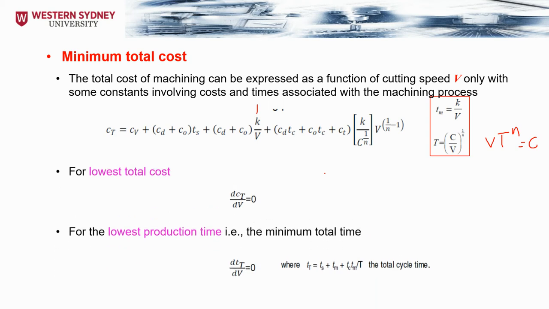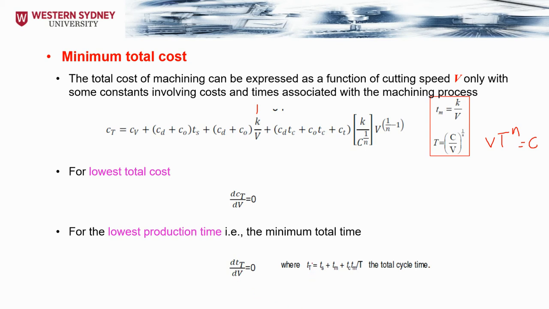For the lower total cost, we need the derivative of the cost with respect to the velocity to be equal to 0. For the lowest production time, for example the minimum total time, dTt divided by dV should be equal to 0.